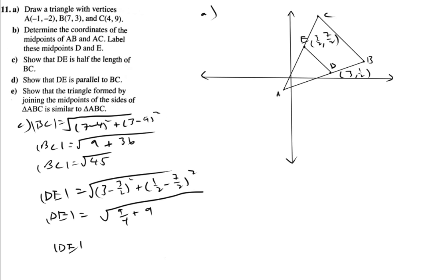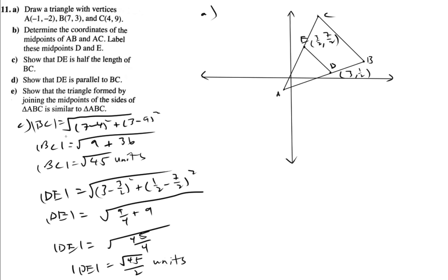So DE is going to be equal to the square root of 45/4. We can factor out the quarter to give us square root 45 all over 2. So now we have the 2 lengths. So it's going to be units. Always remember your units. So as you can see, DE is indeed half the length of BC, right?